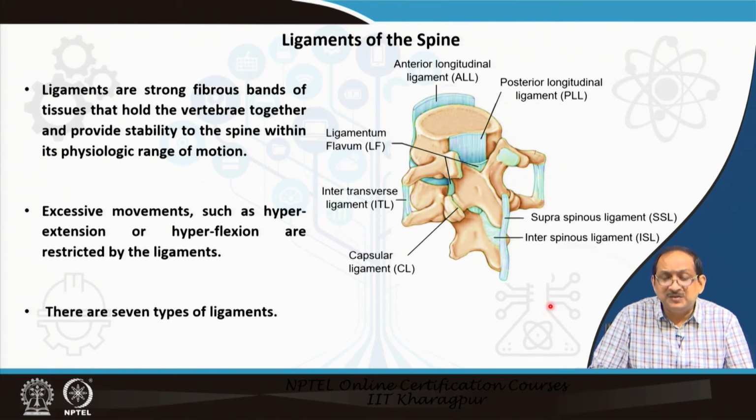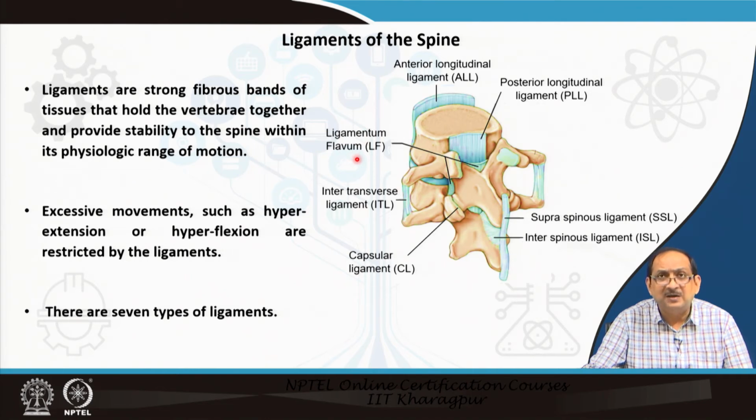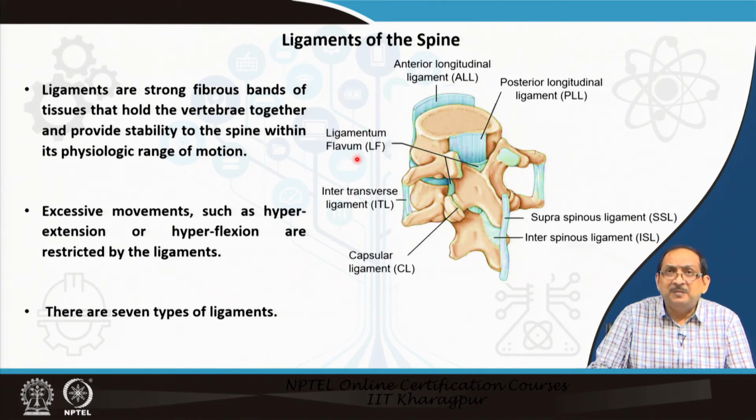There are actually 7 types of ligament shown in the figure: anterior longitudinal ligament, posterior longitudinal ligament, supraspinous ligament, interspinous ligament, capsular ligament, intertransverse ligament and ligamentum flavum.